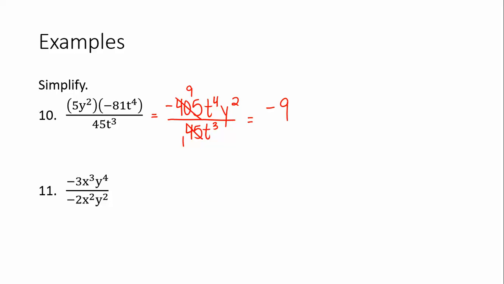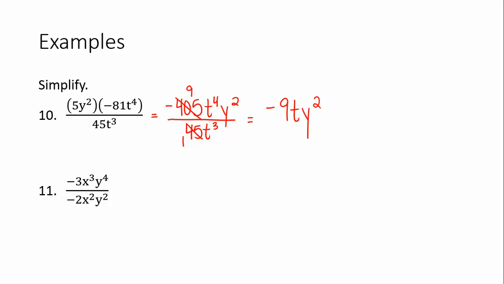We don't have to write the 1 on the bottom. So now let's deal with our variables. We have t to the 4th on top, t cubed on the bottom. 4 minus 3 is 1, so that'll give us t to the 1st on top. We also have a y squared in our numerator with no y's in the denominator, so nothing to subtract or simplify there. So our final answer is -9t y squared.